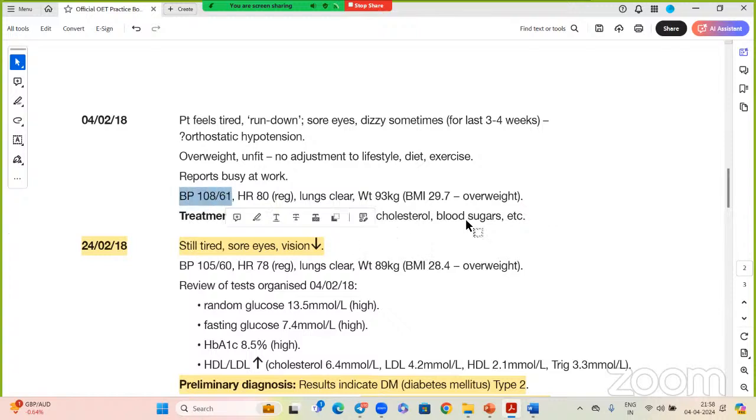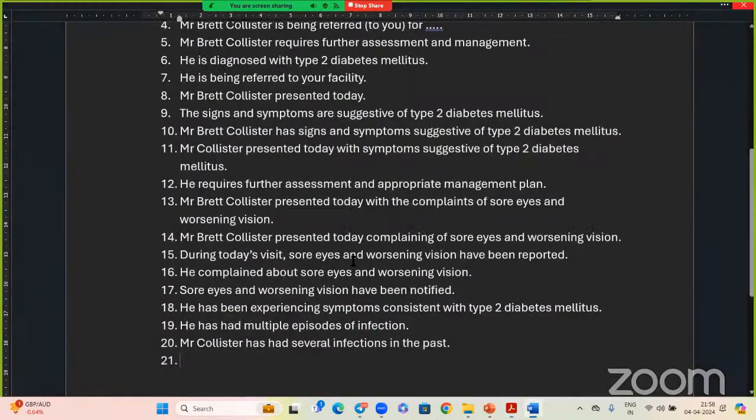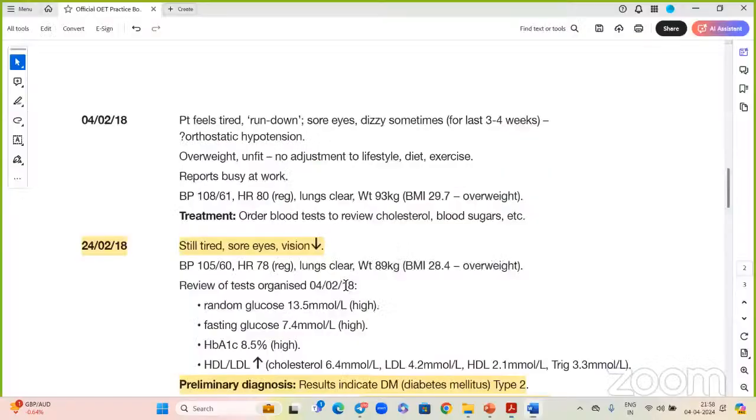Let us take this one. Mr. Collister, right? So when was that? We can talk about this one. 24 February 2018.